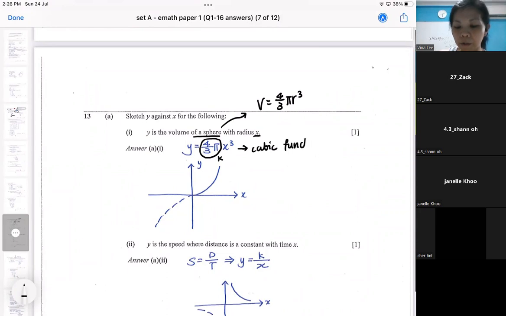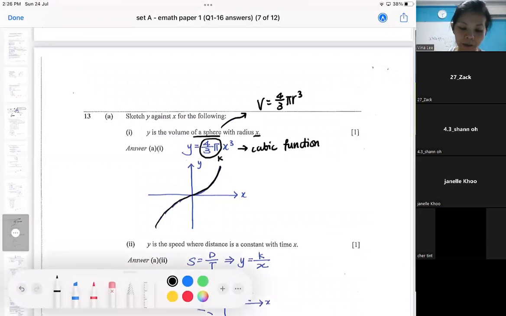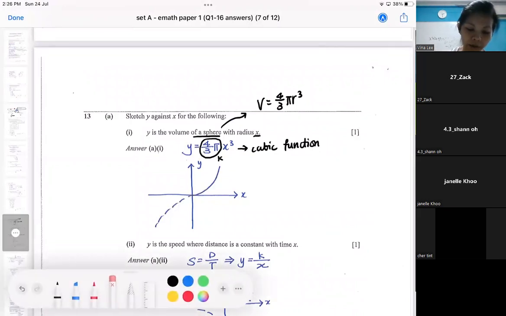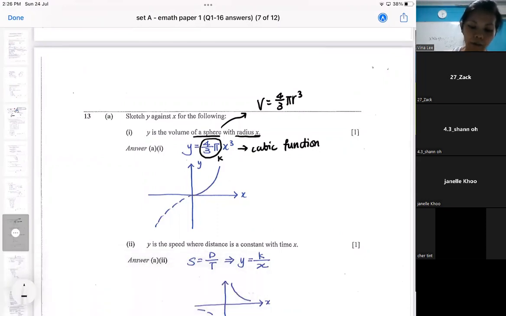If you refer to the summary, it should be something like this. But do you realize in my situation, I dotted out the negative part? I dotted out the negative part because it's not valid. X is the radius, so this part is not valid because my radius cannot be negative.